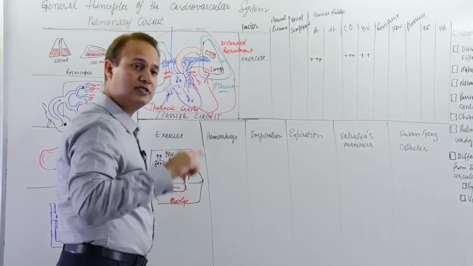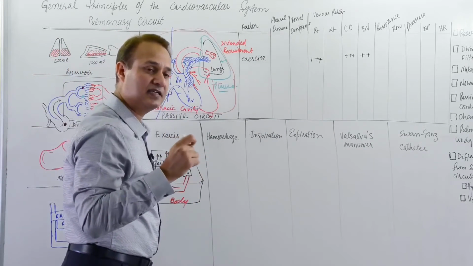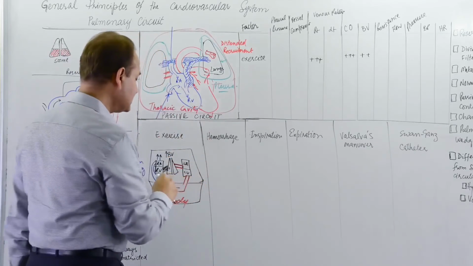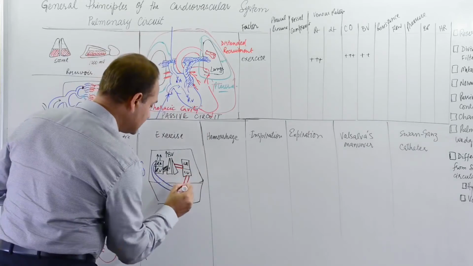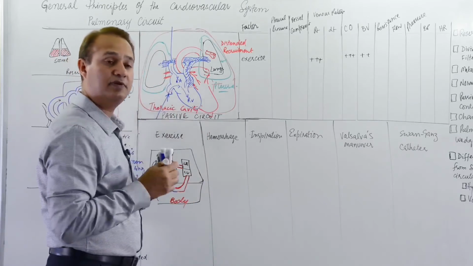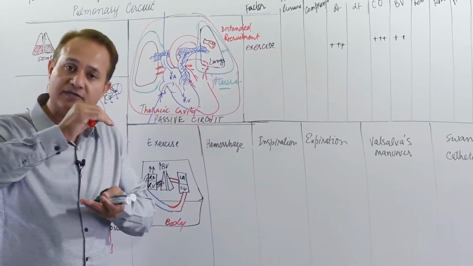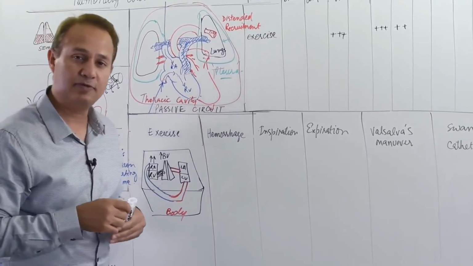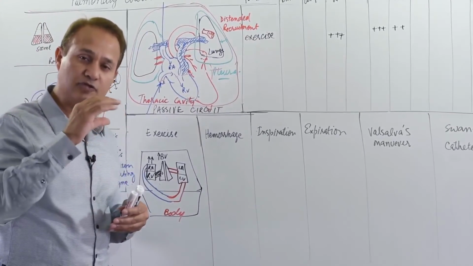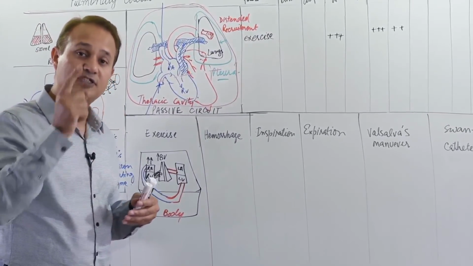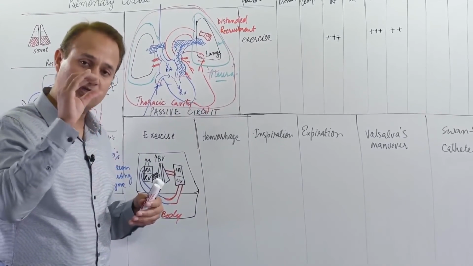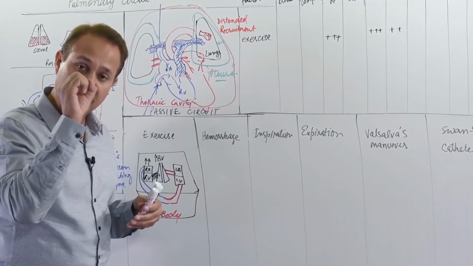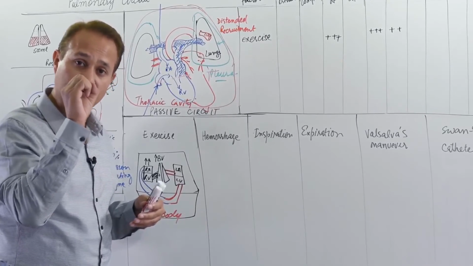However, because the pulmonary circuit is a compliant circuit, a passive circuit, as more blood comes into the pulmonary vessels, the pulmonary vessels would dilate. That means what would happen to the resistance? It would reduce. If it was systemic vessels, then the vessels would try to maintain the lumen and they would try to constrict.